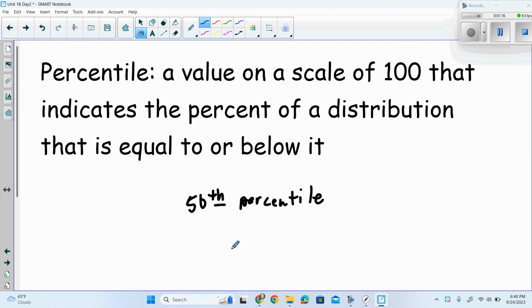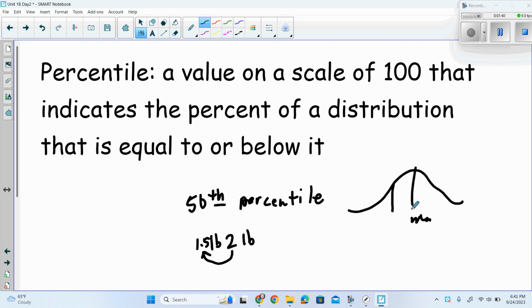I don't know what those weights would be, but let's say 2 pounds is the 50th percentile. And if we knew a standard deviation was like a half a pound, you could be 1.5. A 1.5 pound baby is going to be, well, if we think about our curve again, the mean is in the middle.